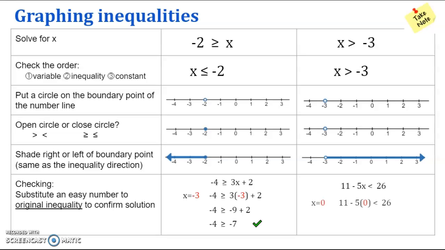So I pick an easy one like x is equal to 0. 0 is always an easy number because when you substitute that into -5x here, -5 times 0 is just going to be 0. So you're left with 11 on the left hand side, 26 on the right hand side, really easy to check, and 26 is indeed bigger than 11, so it checks out to be correct.